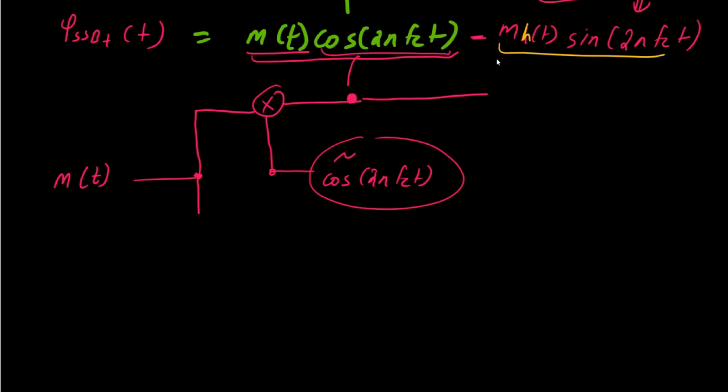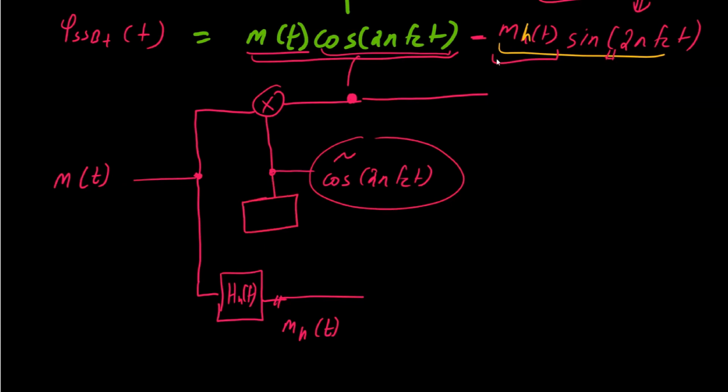So we can again pull this thread and use a Hilbert transform h of f. If we use this transform, this m of t would convert over here to m h of t. So we got m h of t. Next we need to multiply with the sine function. So over here from the local oscillator we will use a phase shift of minus pi by 2, and we will multiply it with the output of this Hilbert transform.